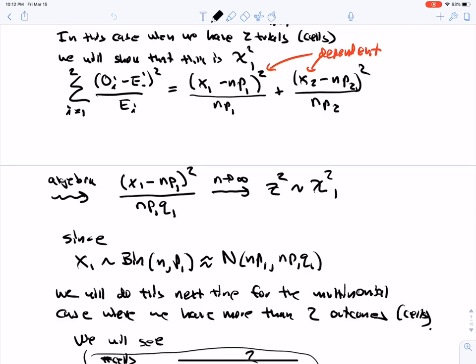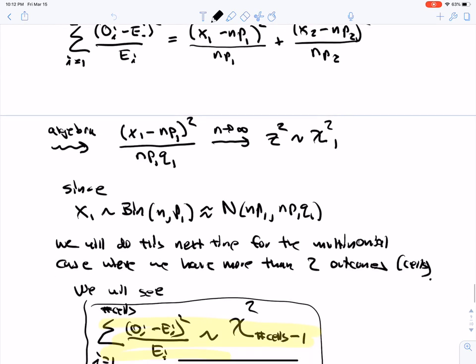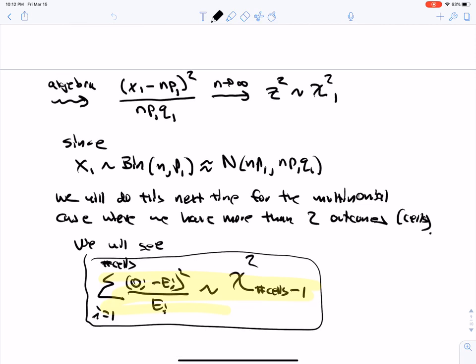And this is since x1 is binomial np1, which is approximately normal np1 and p1q1. So we'll do this next time for the multinomial case, where we have more than two outcomes or cells, and we'll see that our chi-square test statistic will be a chi-squared with the number of cells minus 1. Have a great weekend, and I'll see you on Monday.